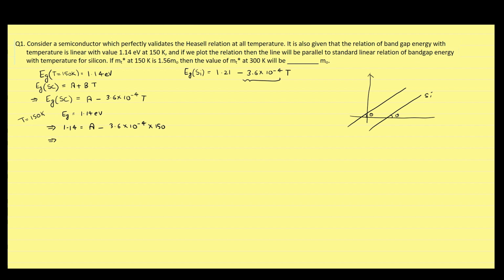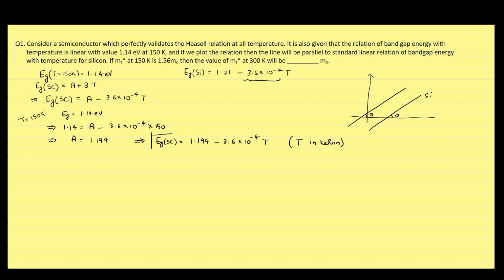And after solving the equation, we will get the value of A to be around 1.194, which gives the relation of band gap energy of the semiconductor with temperature to be equal to 1.194 minus 3.6 multiplied by 10 to the power minus 4 multiplied by temperature, where temperature is in Kelvin.